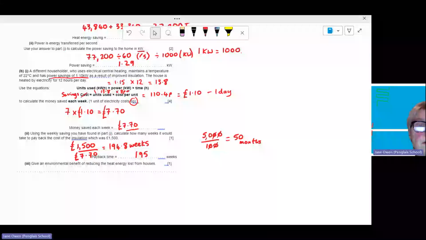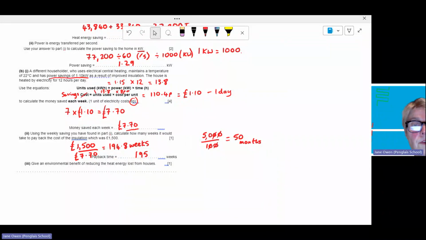If you needed to work it out, you would divide it by 12 months in a year. There's also an environmental benefit of reducing the heat loss energy from the homes, so you reduce the amount of carbon dioxide produced, i.e. you reduce global warming.